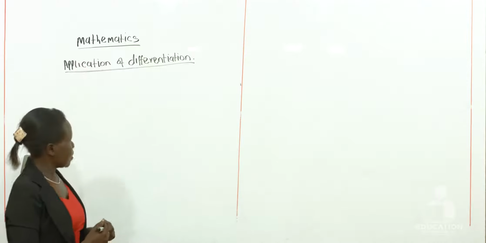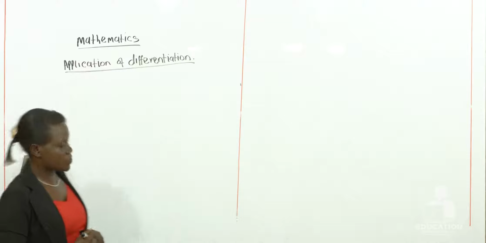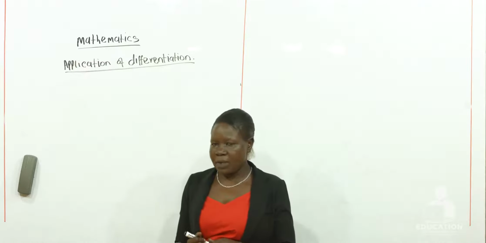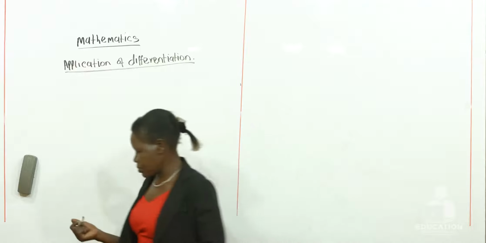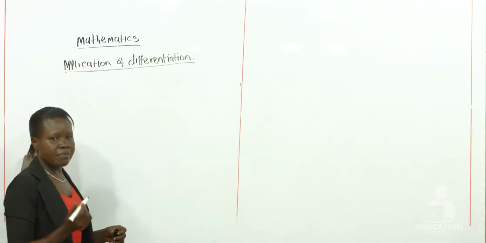So we are still continuing with what we call application of differentiation. We are moving to the second part of application of differentiation. The first one we had was on stationary points.